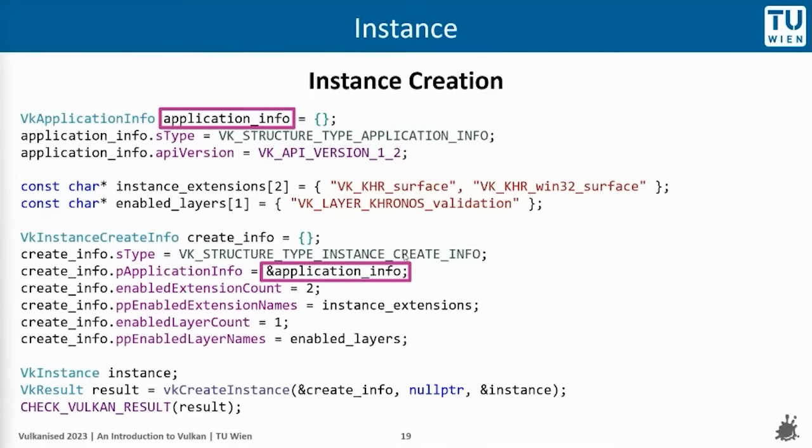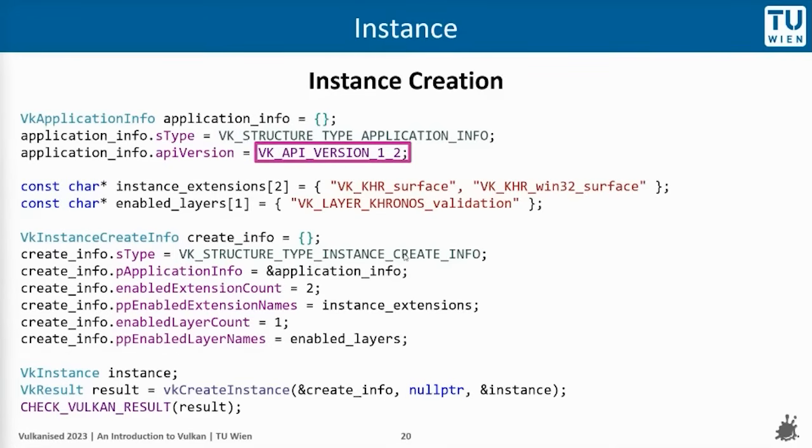If we're not using that, it would be good to zero initialize it. But in this case, we're using it for setting the API version that we would like to have our Vulkan instance running. In this example, we would like to request Vulkan 1.2. The most recent version of Vulkan is 1.3, but in this example, just 1.2 is requested.